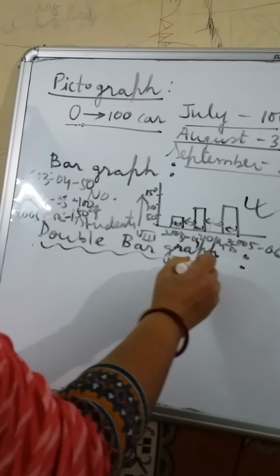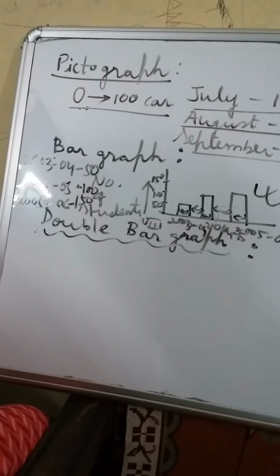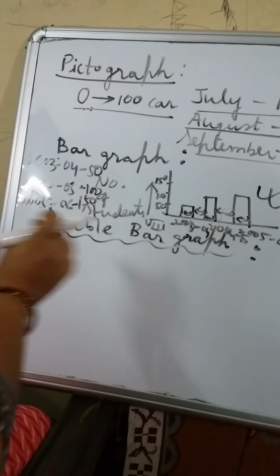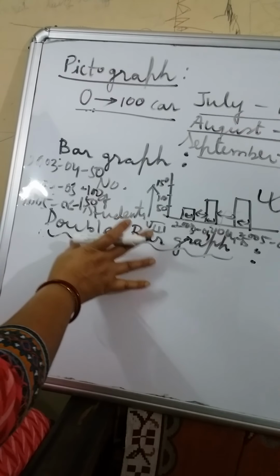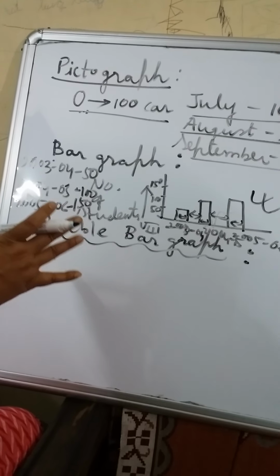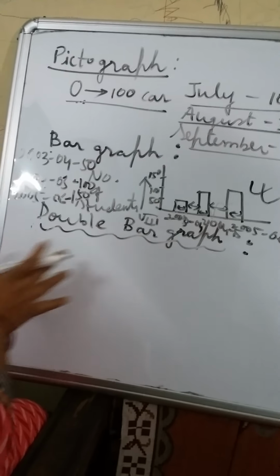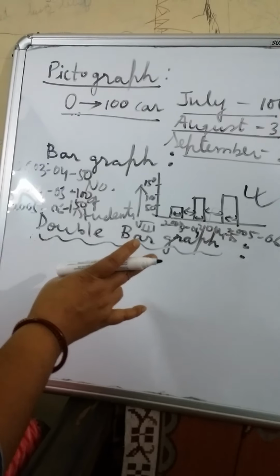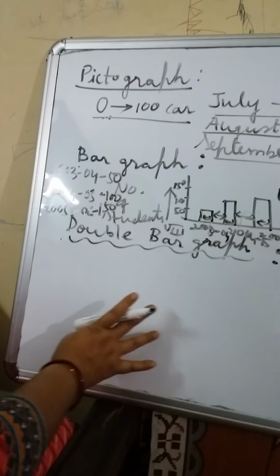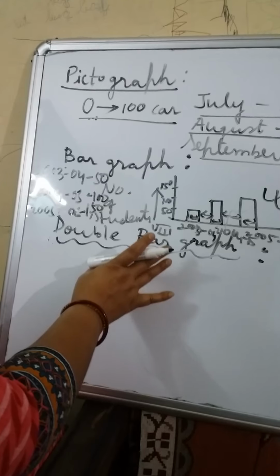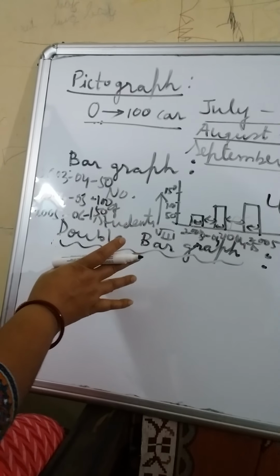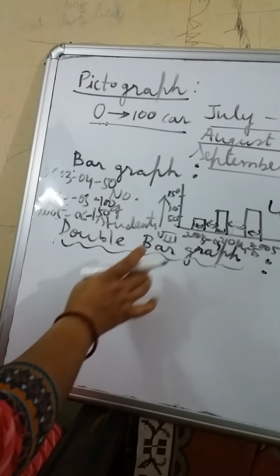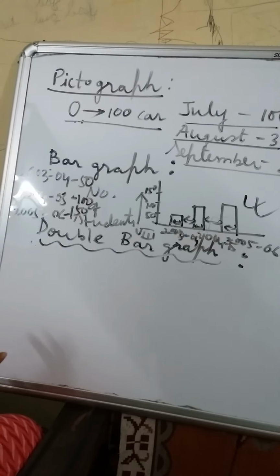Next we have learned the double bar graph. A double bar graph shows two sets of data simultaneously. That means in the same graph we can use a double bar graph to compare two sets of data.